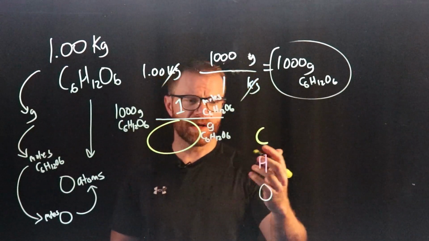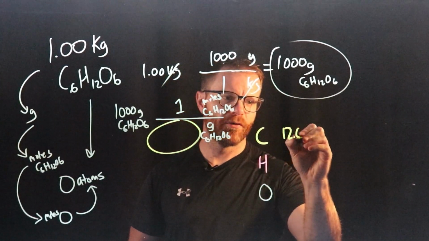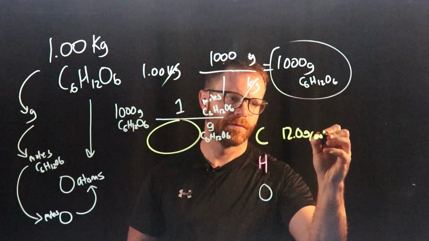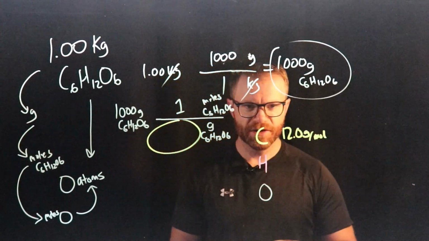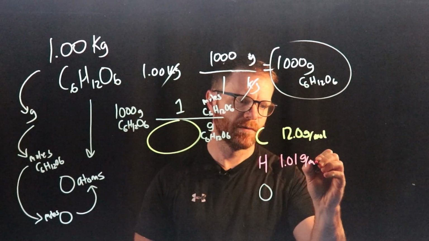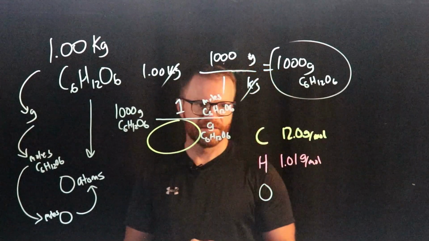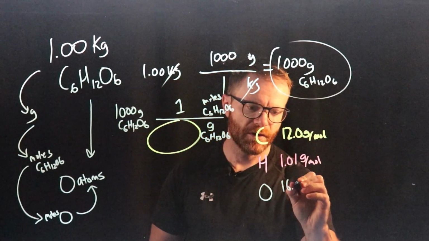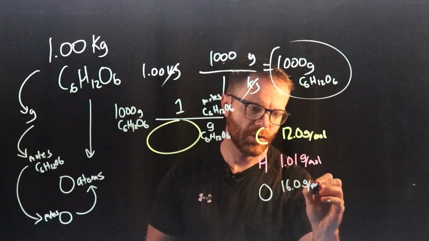Okay, so the atomic mass of carbon is 12.0 grams per mole. The atomic mass of hydrogen is 1.01 grams per mole. And the molar mass of oxygen is 16.0 grams per mole.